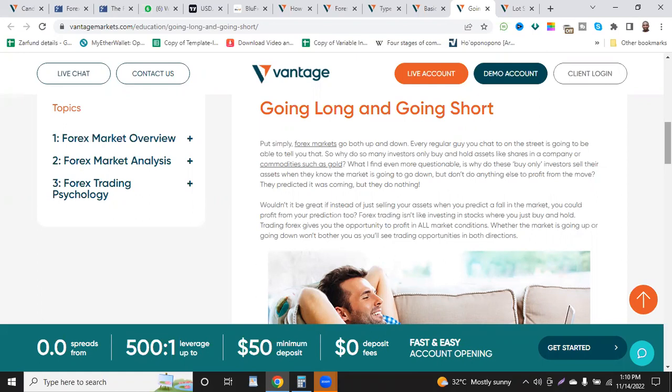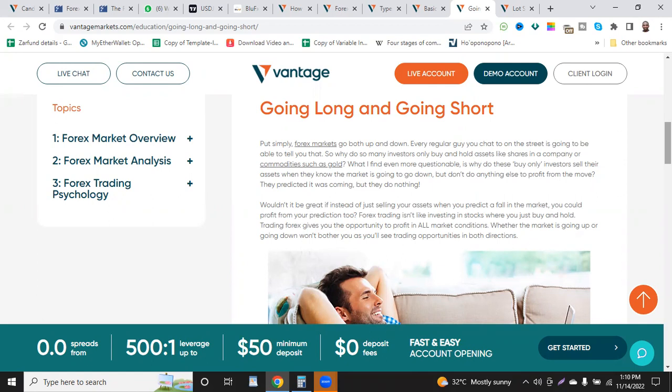And when you are long a particular asset, you are buying that asset. That means you have a perspective that this asset is going to be rising in value. That's why you are long, that's why you are buying. So when you think an asset is going to drop, that's when you want to sell.